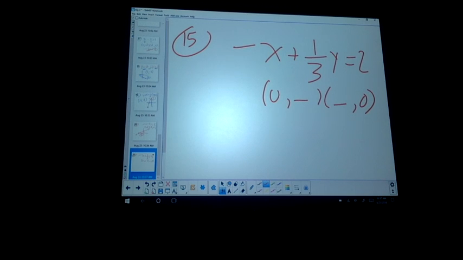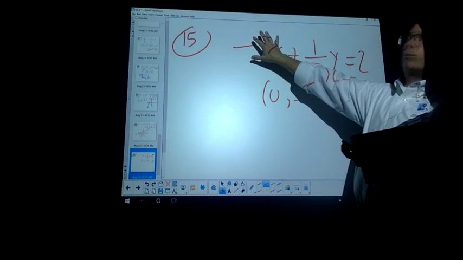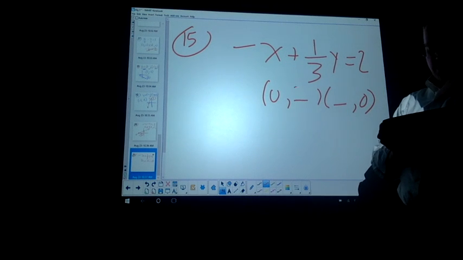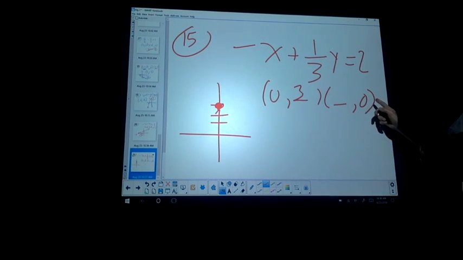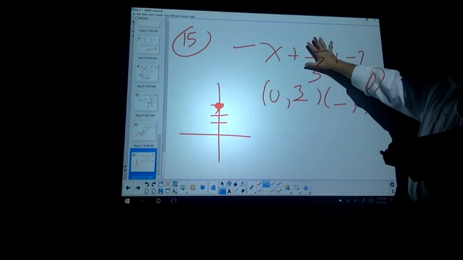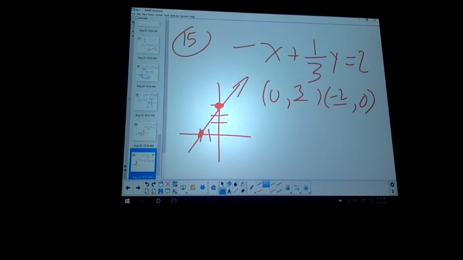This is an x value here, so I'll cover that up. So I get 1/3 y equals 2. So multiply by 3, so 0, comma 3. And then this is a y value, so I cover this up. So I get negative x equals 2, so x equals negative 2, because you'd have to multiply both sides by a negative. And that's also increasing because the slope is positive.